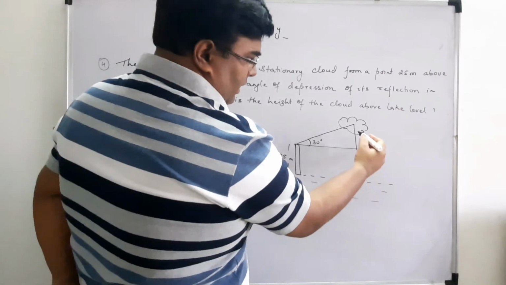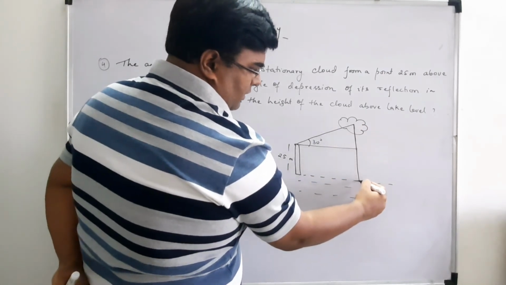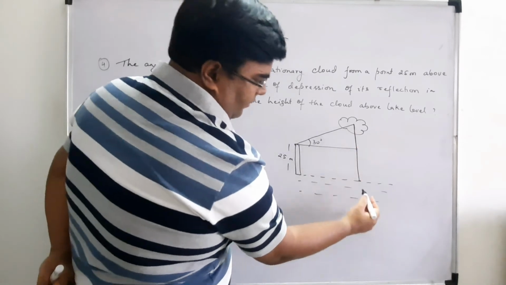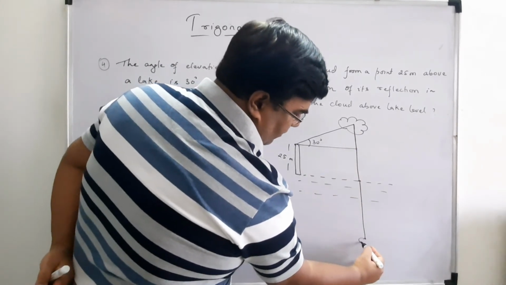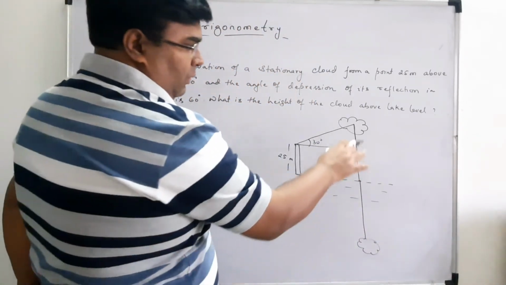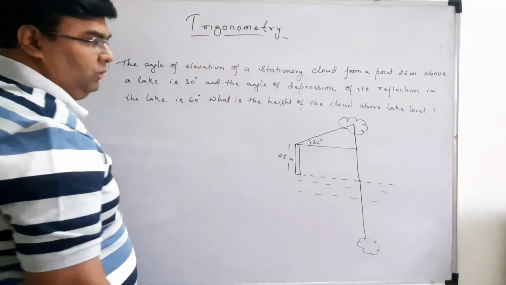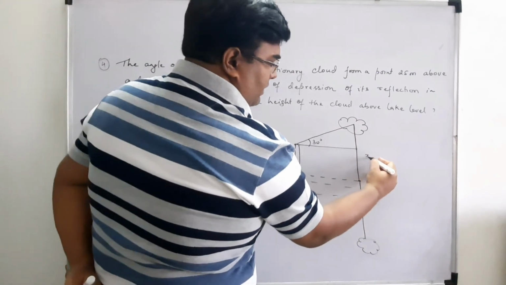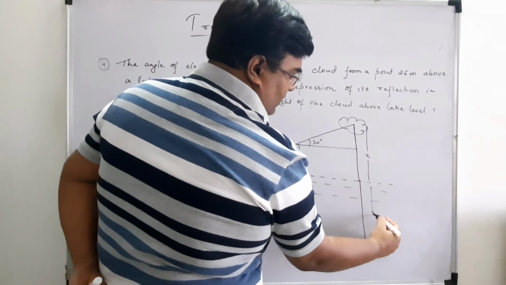So understand the concept that this distance will be here also. These two distances will be same. Reflection will be what? At the same distance inside the lake. So if I take it as this x, then it is also my x.